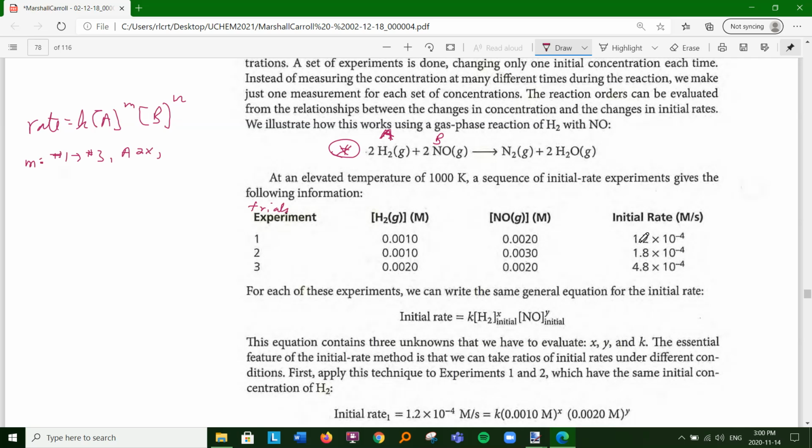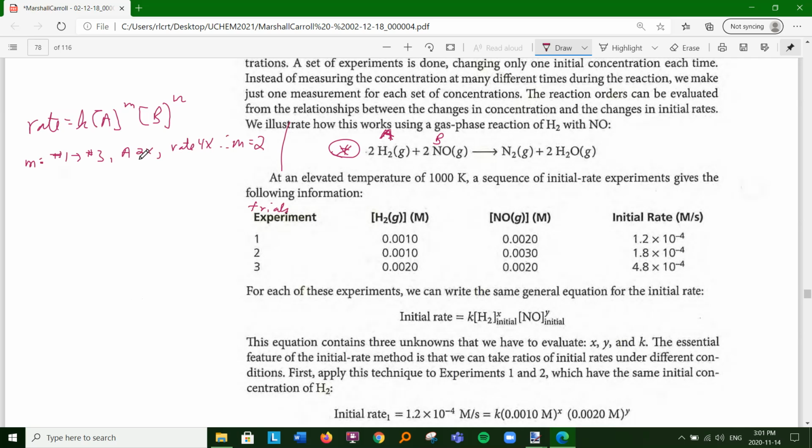It goes from 1.2 times 10 to the minus 4 to 4.8. So that's not doubling. That's going up 4 times. So the rate is not going up at the same pace as the concentration. It's going up at a faster pace. In fact, it's going up as the square of the concentration of A. So in this example, therefore, m equals 2.